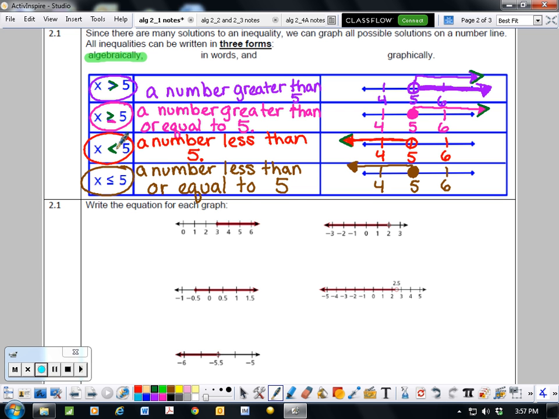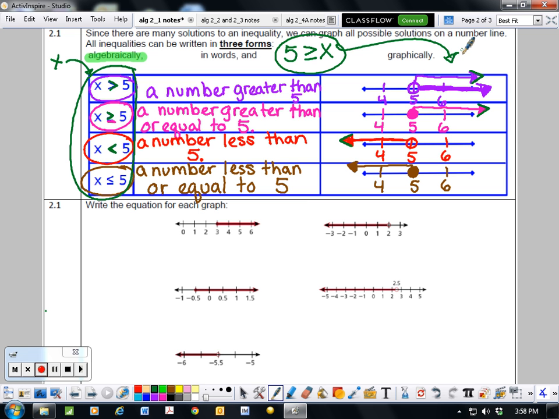The problem with this is all of these inequalities right here have what on that left-hand side? x. And since x is on the left-hand side, that's true. But if we have an inequality where our x is on the right-hand side, now it's different. Any inequality where x is on the right-hand side, you can take the entire inequality and flip it around.